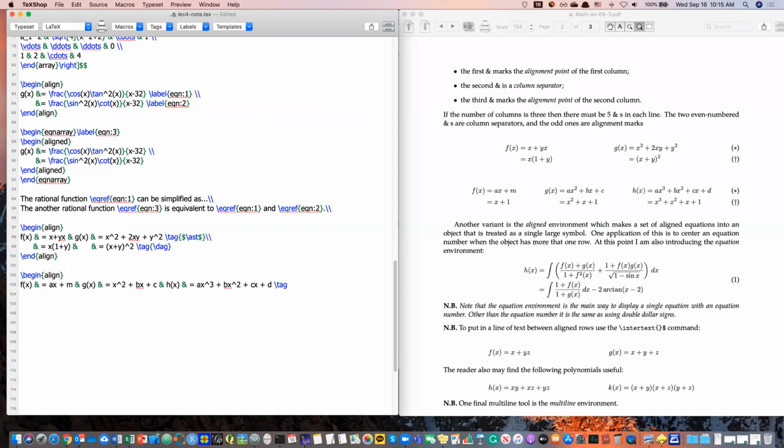Then tag asterisk. That is equal to x plus 1. Let me align the second marker.